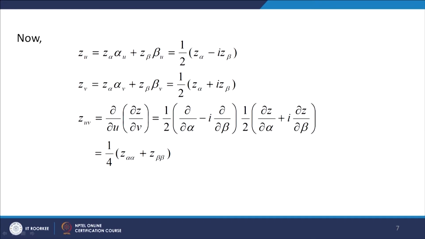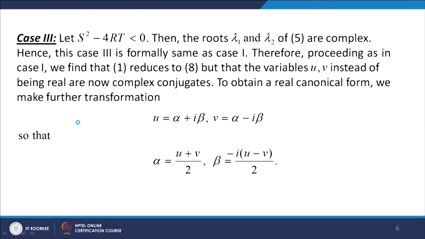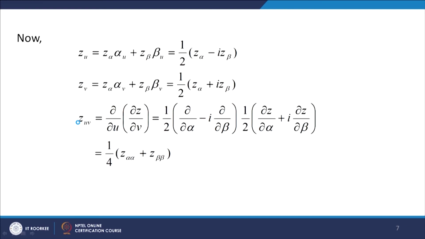You see, because 1 reduces to 8, and 8 is of the form Zuv equal to a function of x, y, z, Zu, Zv. So what we do is we get the value of Zuv in terms of the partial derivatives of z with respect to alpha and beta. So let us look at this transformation.